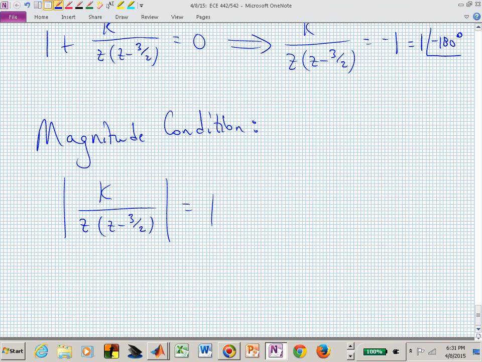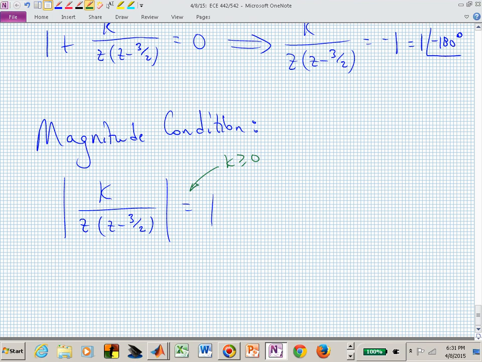And we are going to assume that k is non-negative. So the quotient's magnitude is equal to the quotient of the magnitudes. So I can look at the magnitude of the denominator divided into the magnitude of the numerator.